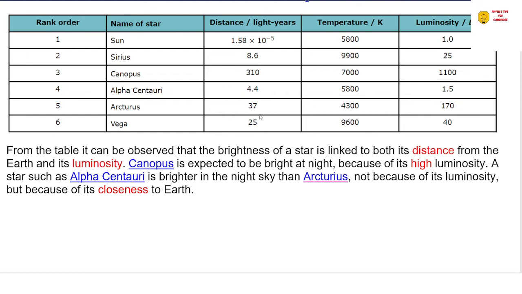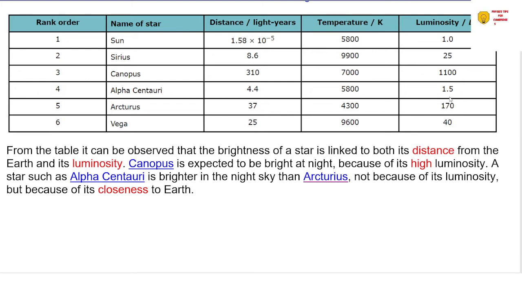But when you look at a star such as Alpha Centauri, its luminosity is 1.5, in units of lux I think. So a star such as that is brighter in the night sky than Arcturus, which is 170.